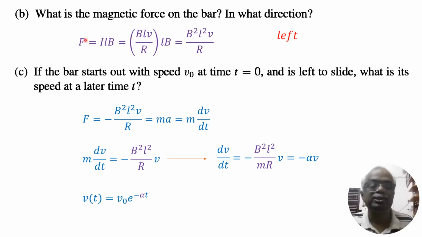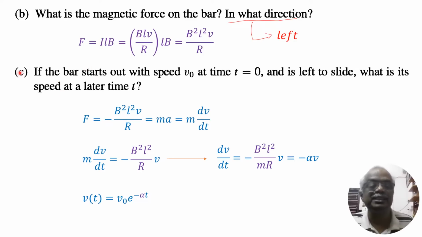F is, by definition, I times L times B. We have just seen that I is equal to BLv over R in part A. Multiplying I by L and B, there is a B times B giving B squared, and L times L becoming L squared, so F equals B squared L squared v over R. And the direction of this force, according to the left hand rule, is along the left direction.